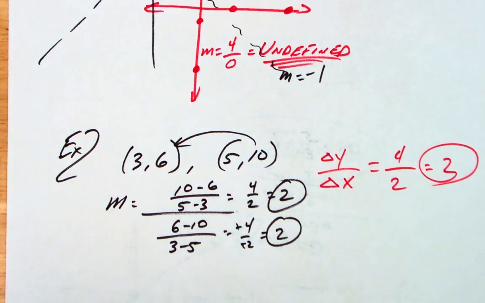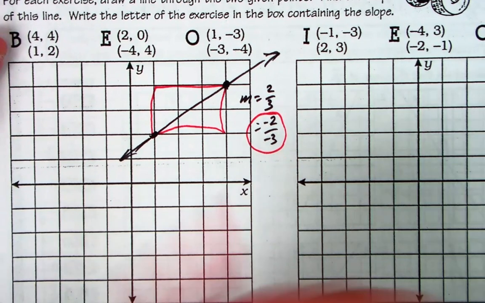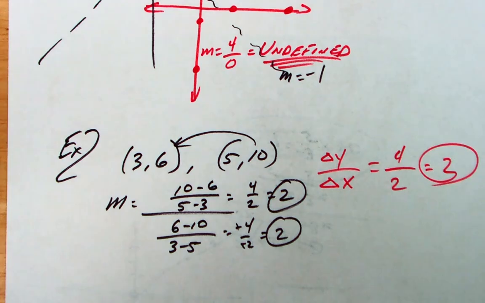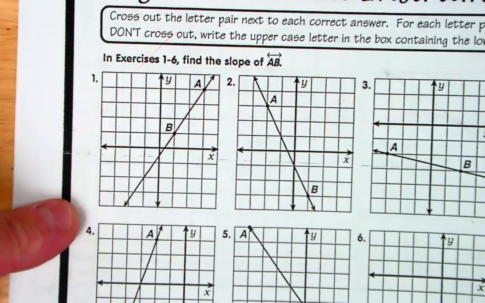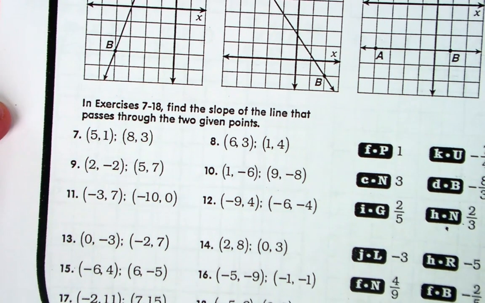So if I give you 2 points, I expect you to be able to find the slope. So right now, what am I going to expect you to be able to do? Plot points from a graph, be able to tell the slope from a graph. Given 2 points, find the slope. And then one last thing.